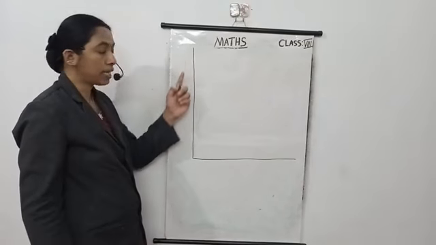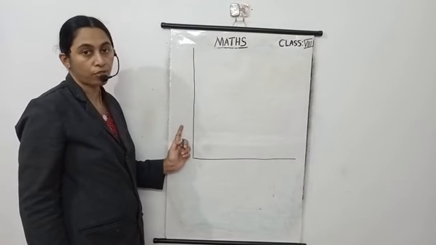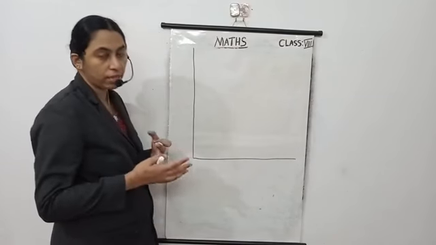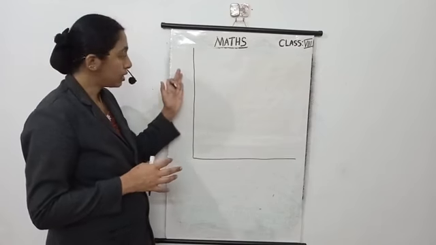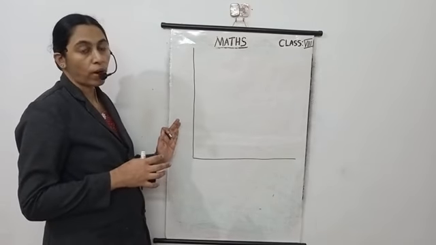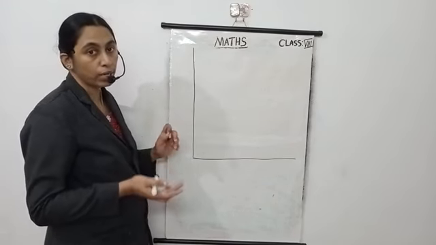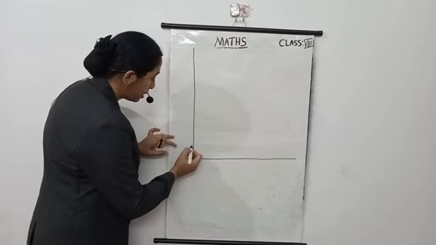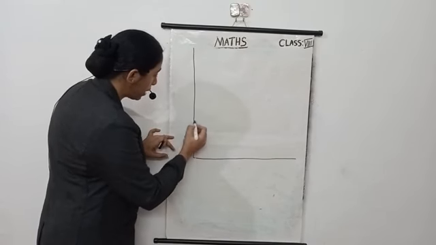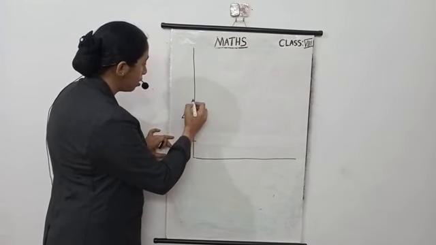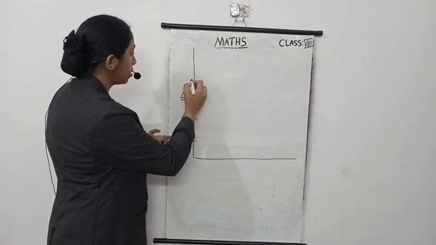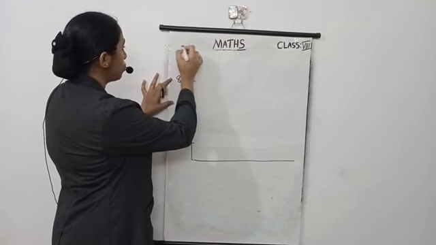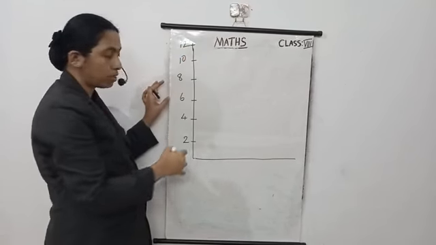We take the scale as 1 unit equal to 2 days, that is 2, 4, 6, 8, 10, 12, like that.